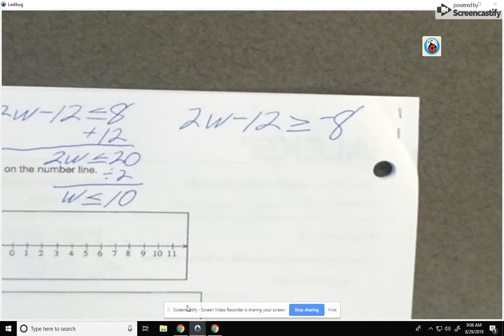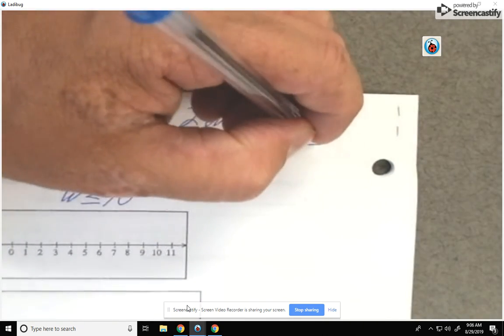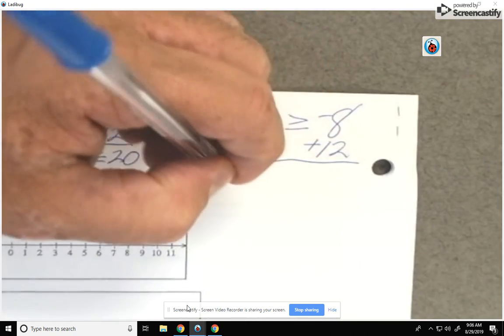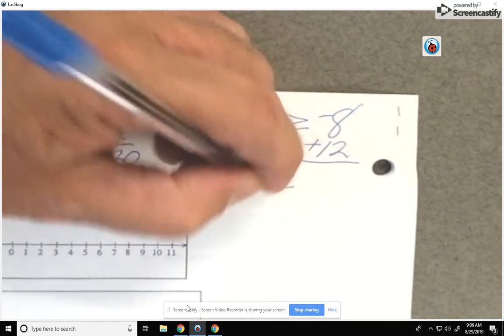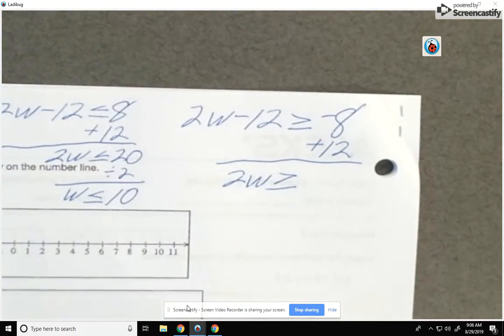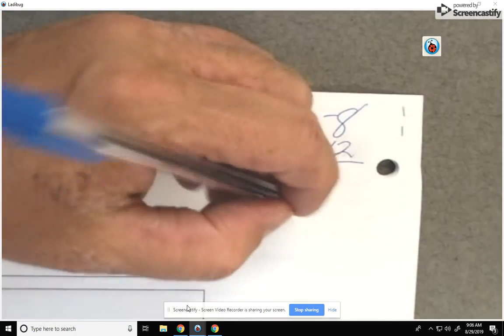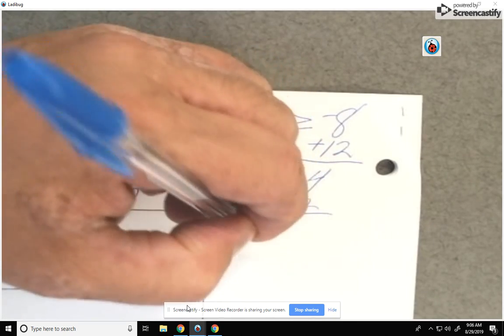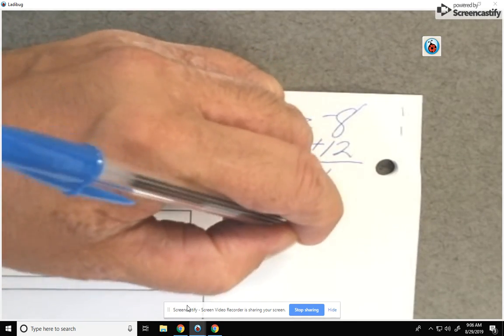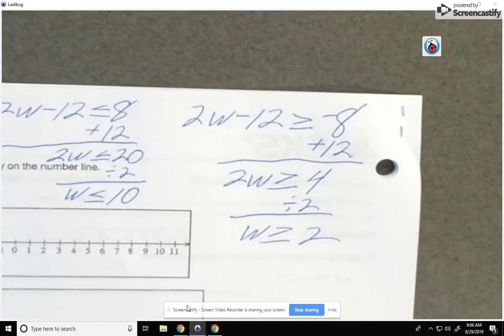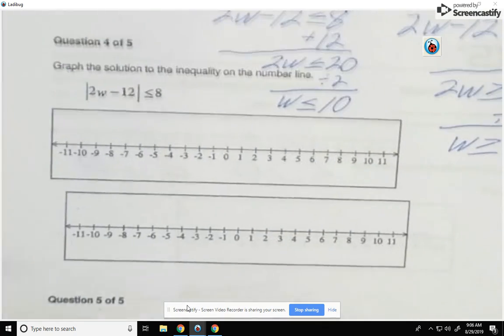And then I come over to my second equation, I do the same exact thing. I add 12. So negative 8 plus 12 will give me 4. And then I divide through by the 2 to get 2.